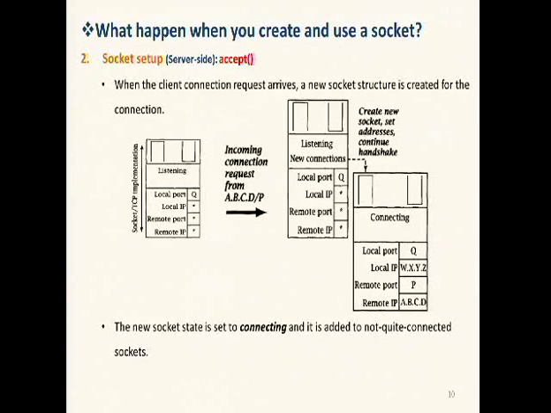Can an incoming connection request be rejected by the server when it is in the listening state? Even when the server is in the listening state and a client sends an incoming connection request, can the request be rejected? The request will be rejected because of the accept. We are in the accept state right now. We are not yet done. We're still in the connecting state, as we will see later.